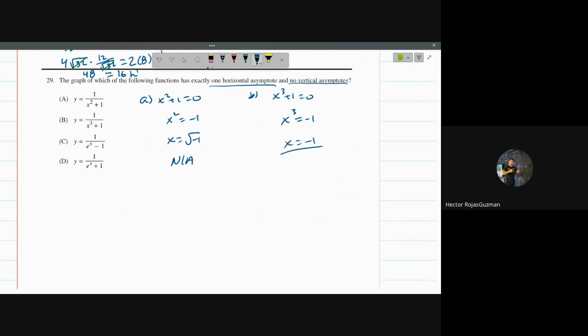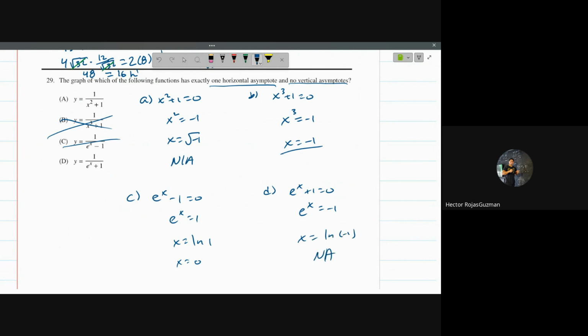And yes, you do have a horizontal asymptote, so this one's already out. C. It has a horizontal asymptote, so no. D. And that one has no horizontal asymptote. Or sorry, vertical. What am I saying? These are all for vertical asymptotes, okay? Vertical asymptotes.